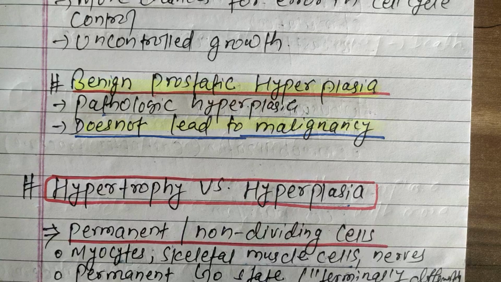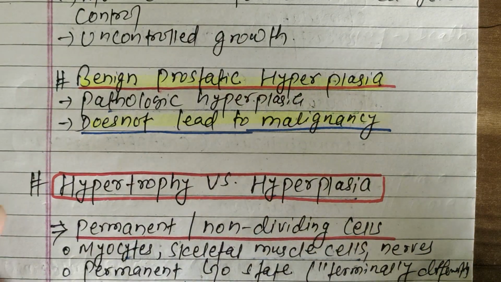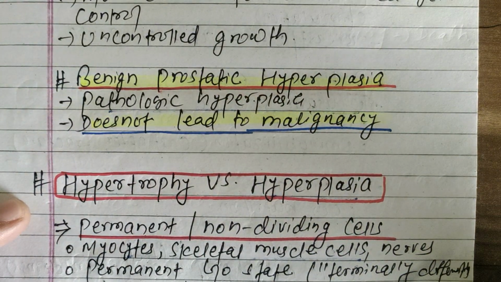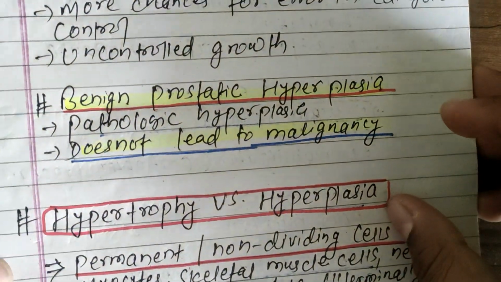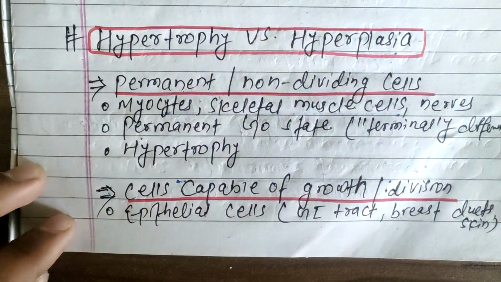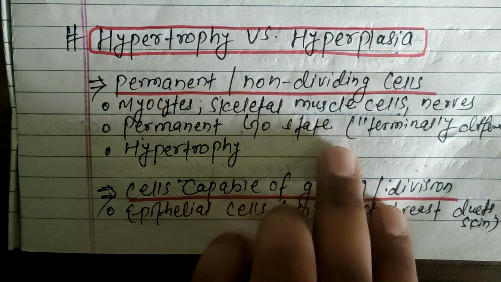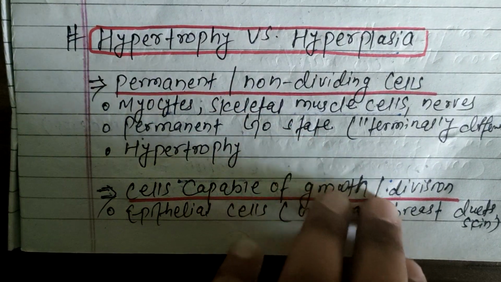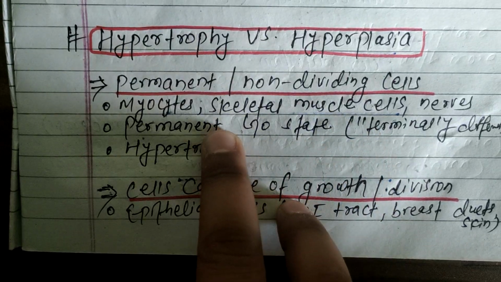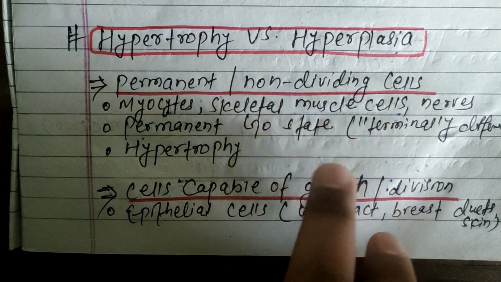Now let's talk about the difference between hypertrophy and hyperplasia. Hypertrophy occurs in permanent and non-dividing cells, such as myocytes. Let's discuss first the permanent or non-dividing cells. These are myocytes, skeletal muscle cells, and nerve cells.